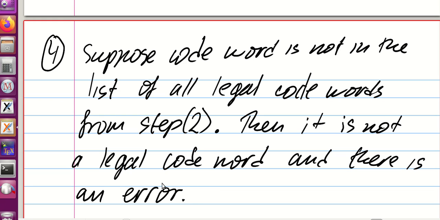How do we find where the error happened?